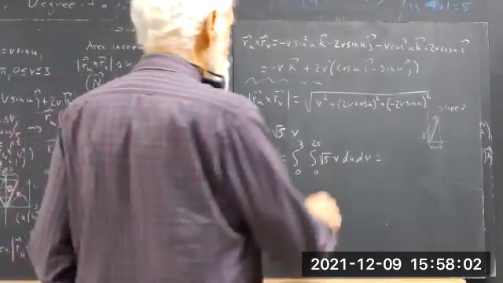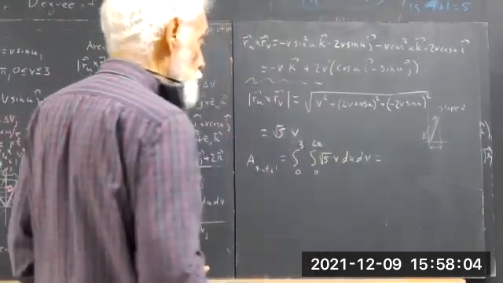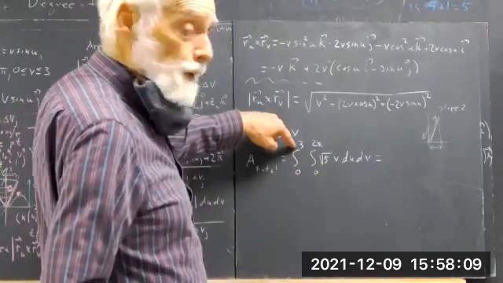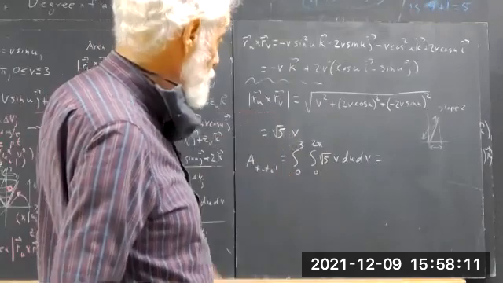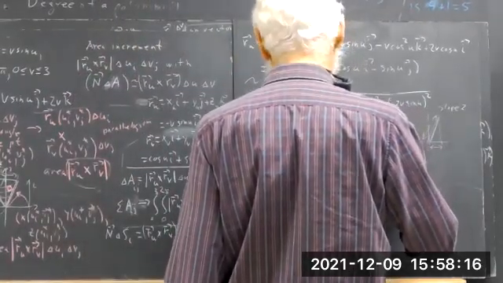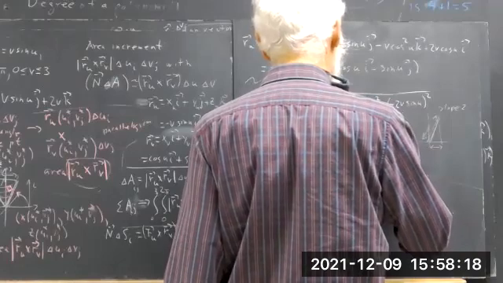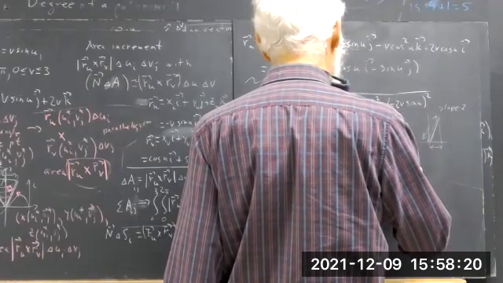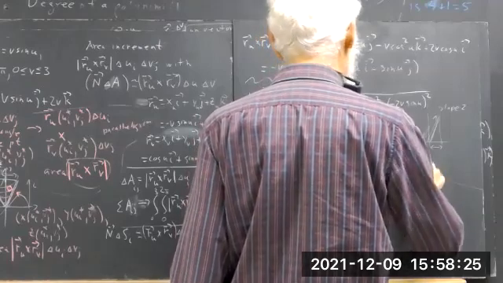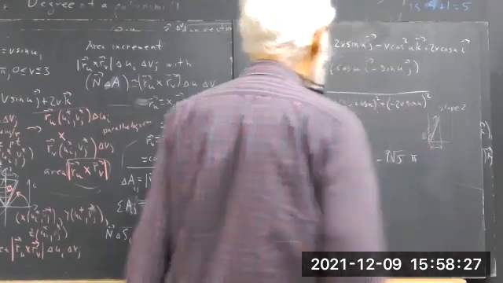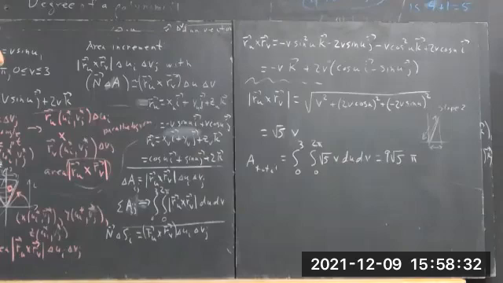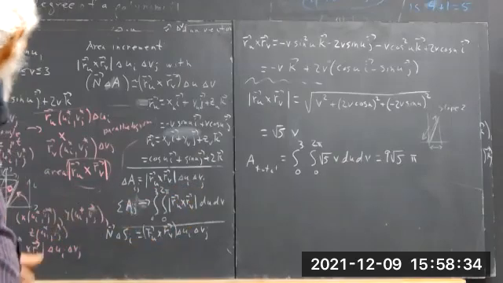You're going to get a 2 pi from the du because there's no u here. And you're going to get a v squared over 2, v squared being 9 here and 0 here. You can work this out. You get 9 times the square root of 5 pi, I think. Total area of this cone.